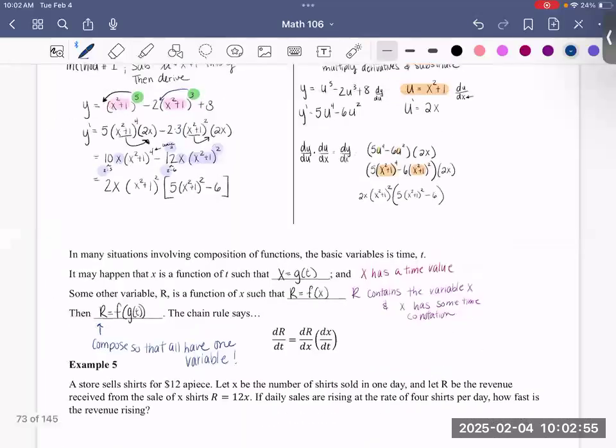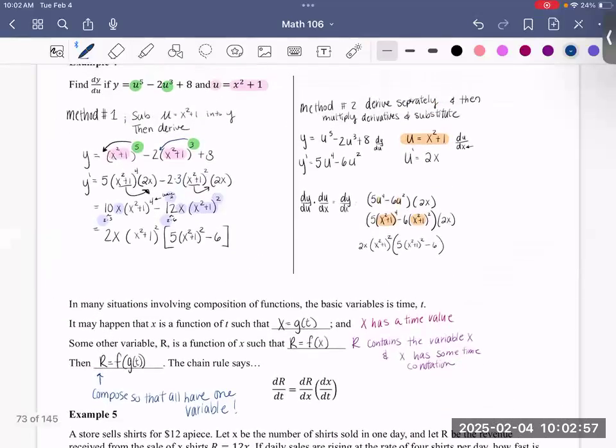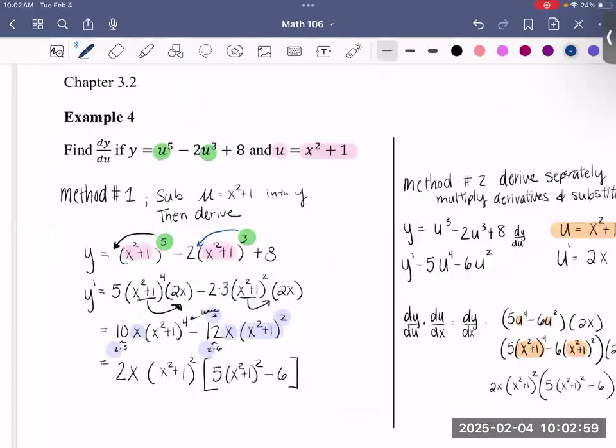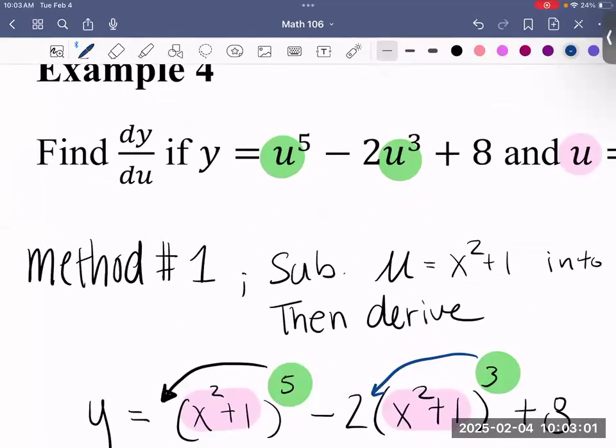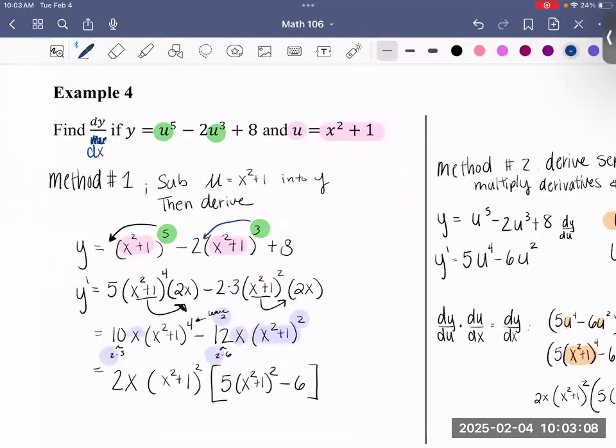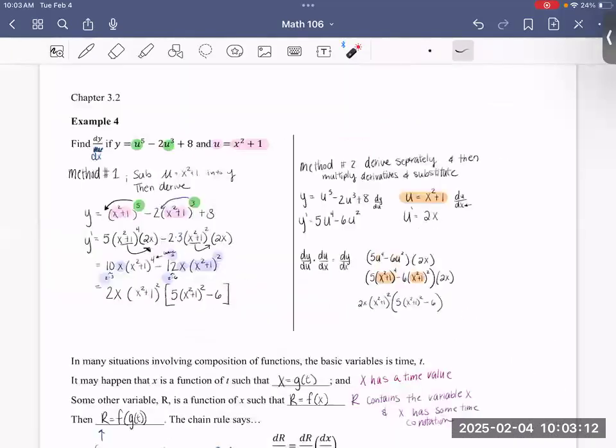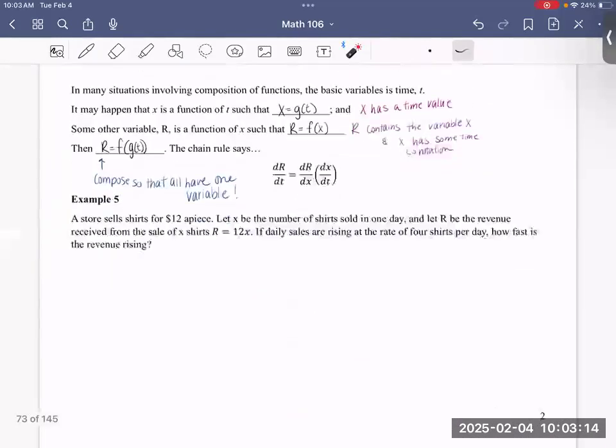Now I may have noticed my mistake from earlier, and it's in the notes where it says find dy du. This should actually be dy dx, because otherwise with dy du you would derive this one, but it should be dy dx, and I must have forgotten to change that last semester.